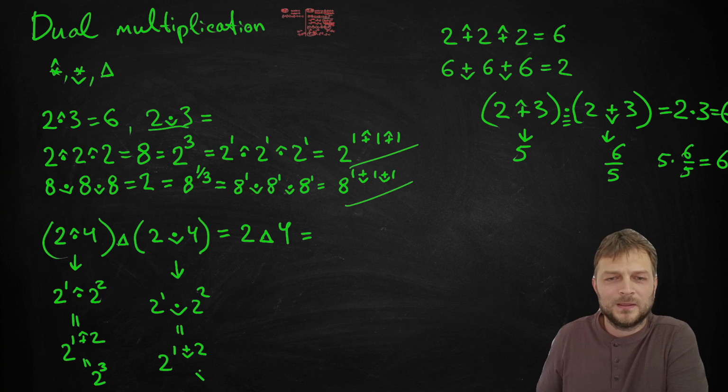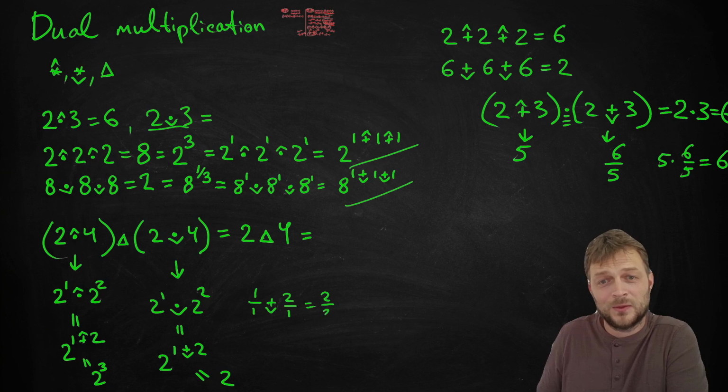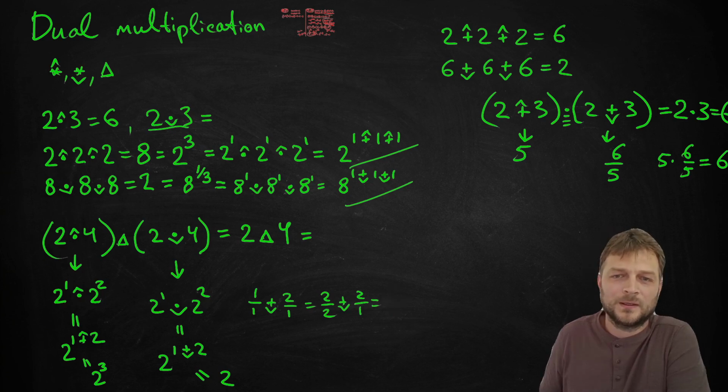And this one is equal to 2 to the power, let's just quickly compute, 1 over 1 plus 2 over 1. We need a common numerator, so it will be 2 over 2 plus 2 over 1. It's 2 over 3. Okay, so the result is 2 to the power 2 over 3.